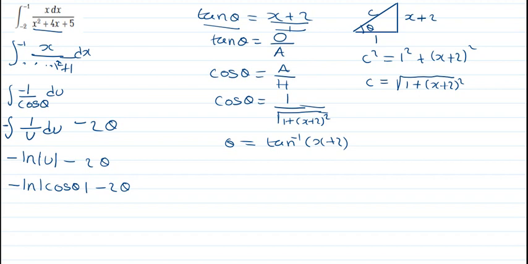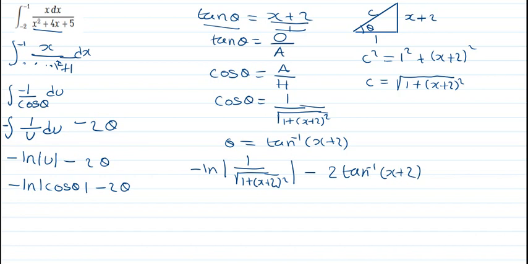So it's going to be negative natural log of the absolute value of, where there is cos theta, we'll put 1 over the square root of 1 plus (x plus 2) squared, then minus 2, where there is theta, I'll put tan inverse of x plus 2.